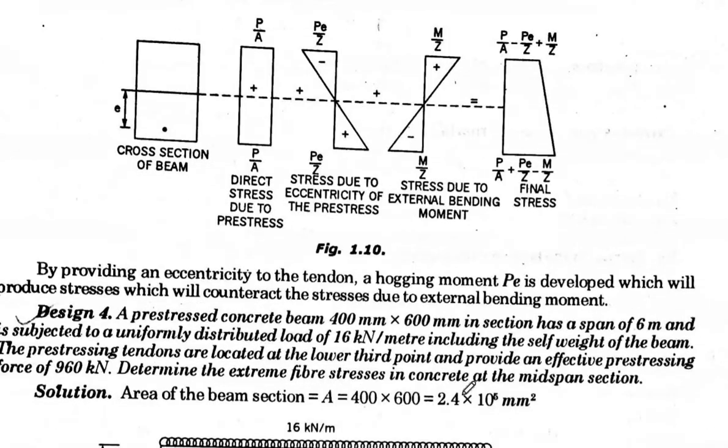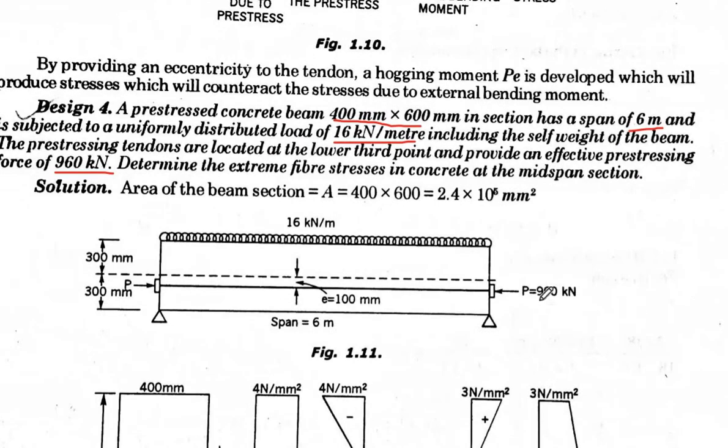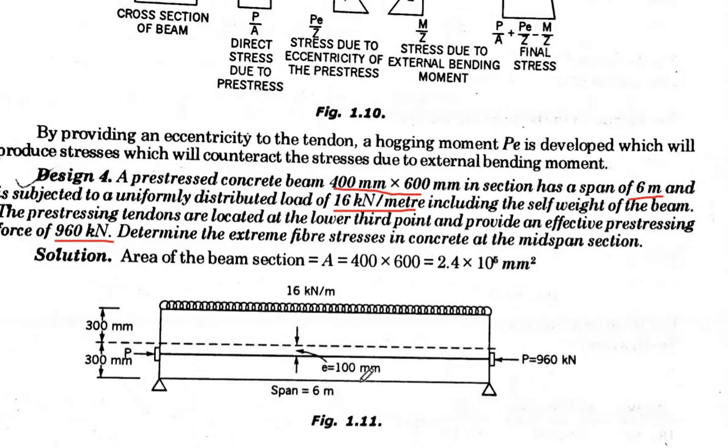So when we take a question, now if we take this question, here the dimension given to us is 400 into 600 in section, and it has a span of 6 meter. It has a dead load or live load of 16 kilonewton per meter and a pre-stressing force of 960 kilonewton. So here this is the diagram. That means here you have the centroid.